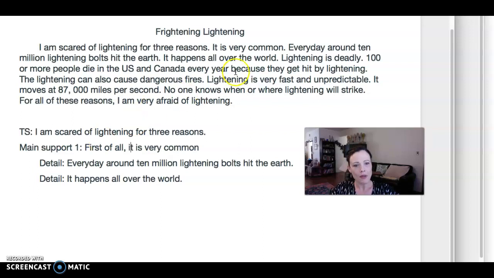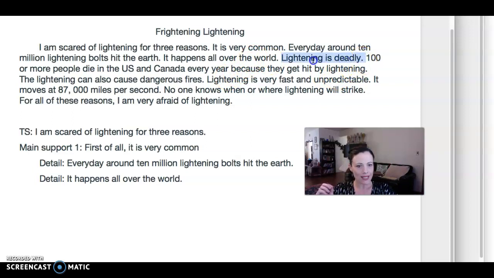Okay? How about my second main support? Usually it'll happen right after the detail. So let's see. Lightning is deadly. 100 or more people die in the US and Canada every year because they get hit by lightning. The lightning can also cause dangerous fires. Lightning is very fast and unpredictable. Okay, so where is my big point, my main point?